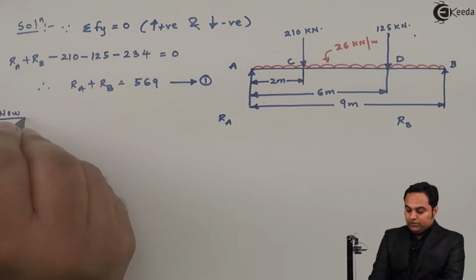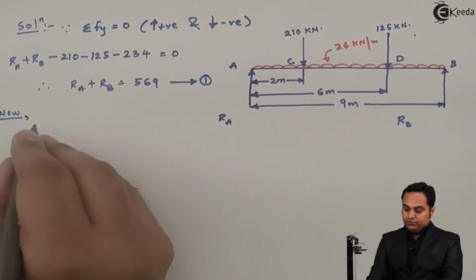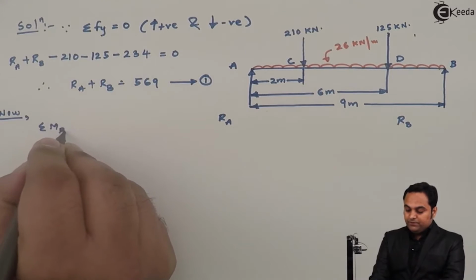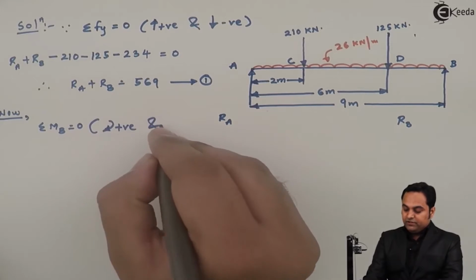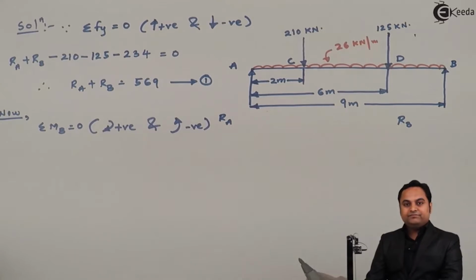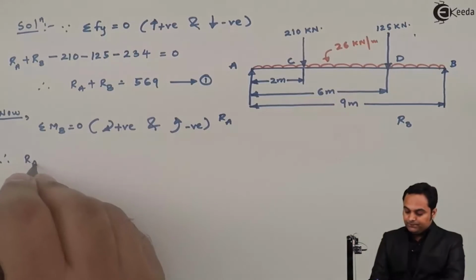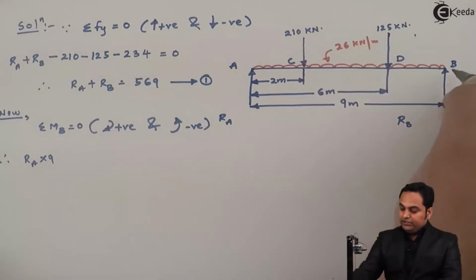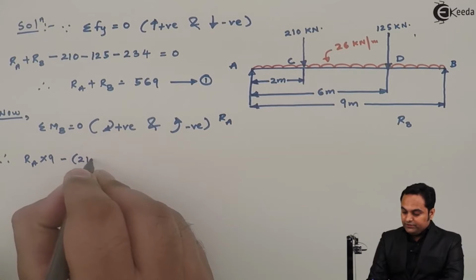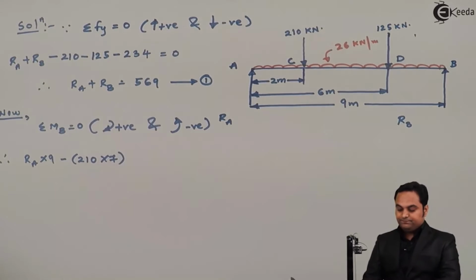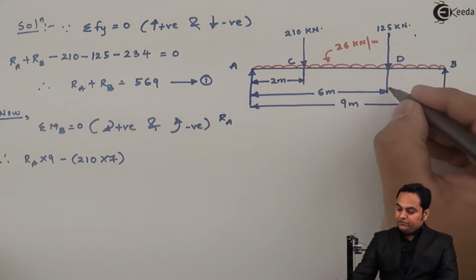Next, I want to calculate RA, so I'll be taking the moments at point B. Summation of moments about point B is equal to 0. Here, clockwise moment will be treated positive, anti-clockwise moment as negative. So here I have RA into 9 as clockwise, then minus 210 into 7, the remaining distance.